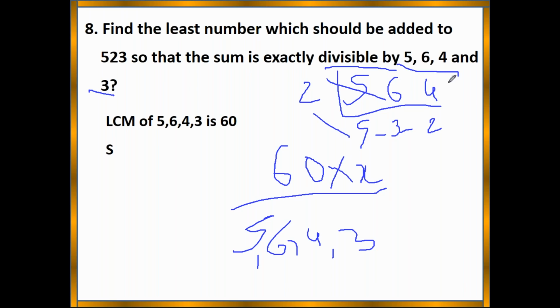So what is the least number that should be added to 523? Generally, we know 60 into 9 is 540. 540 is also exactly divisible by 5, 6, 4, 3. How much is added to 523 to get 540? 17, sir. 17 is the answer.